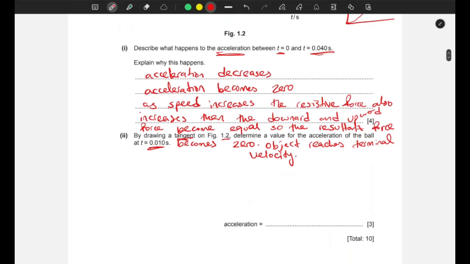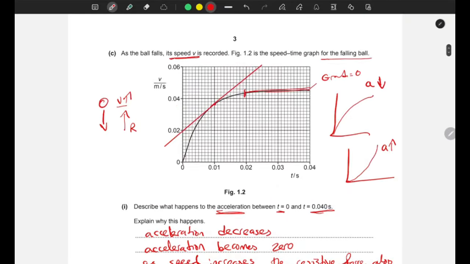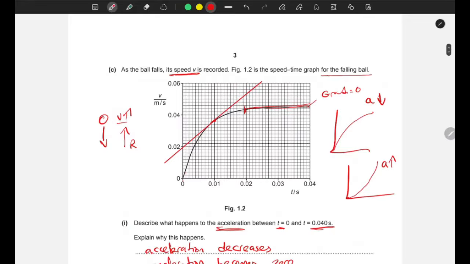So the gradient is equal to change in y over change in x. Let's take 2 coordinates. We can take this point over here, where each one represents an increment of 0.002.